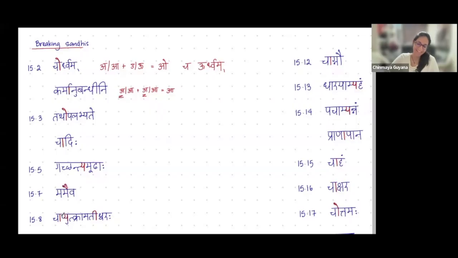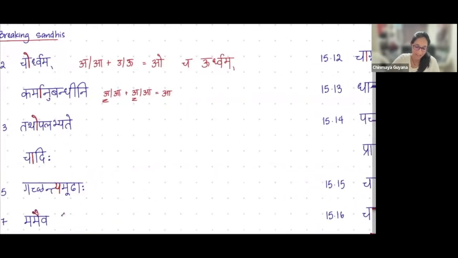Okay. All right. We saw an example of the first one, and I told you number two, karmanubandhini, is a plus a. So the answer for this one is going to be karma. Now the ra, remember, is going to move back to the ma.